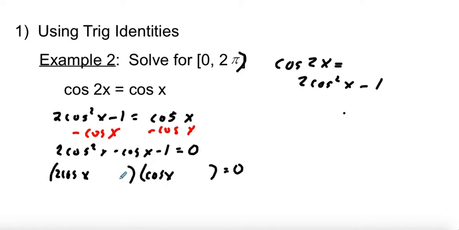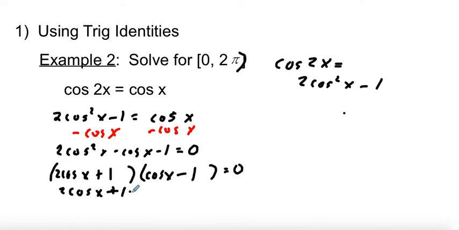What times what gives us a minus 1? It'd be a negative 1 and a positive 1. Decide where they have to go. So I have to put the minus 1 here, and the plus 1 has to go here in order for us to get a minus cosine x in the middle. So now I can say 2 cosine x plus 1 equals 0, and cosine x minus 1 equals 0.